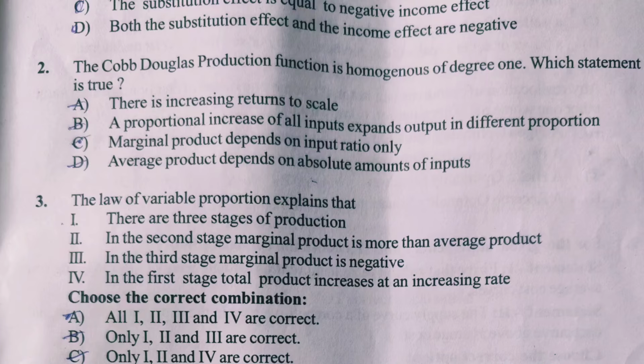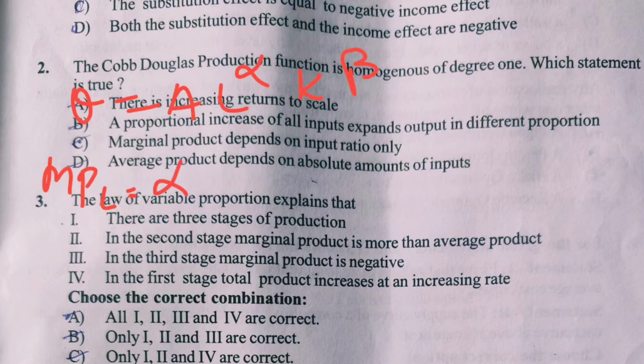Now option C is, marginal product depends on input ratio only. So let us take this production function again. We have output Q equals A L to the power alpha K to the power beta. If we take the marginal product with respect to labor, the exponent of L becomes the coefficient, so marginal product of labor will be alpha A L to the power alpha minus 1 times K to the power beta.